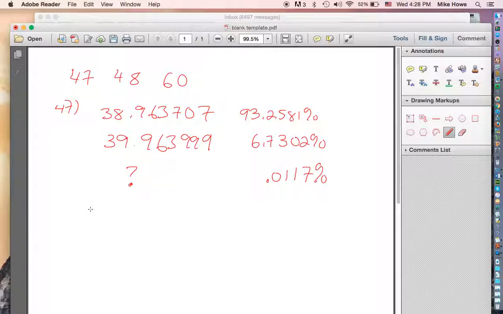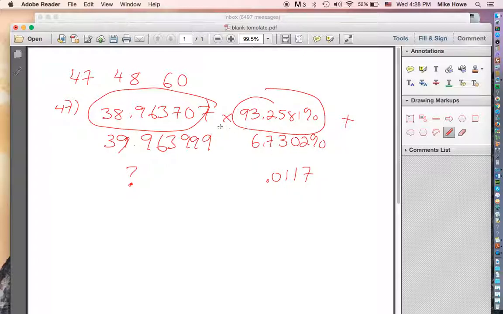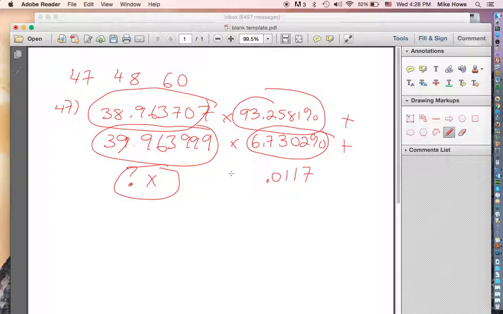Now, if you remember, at the end of class today we talked about how to find the average mass: you take this number times this number, and you add that to this number times this number. And you would add that to this number that we don't know, which we would just call x, times this number.